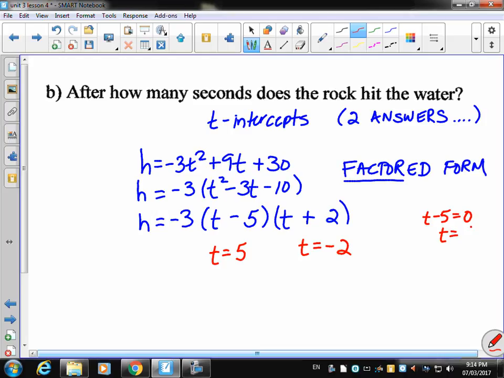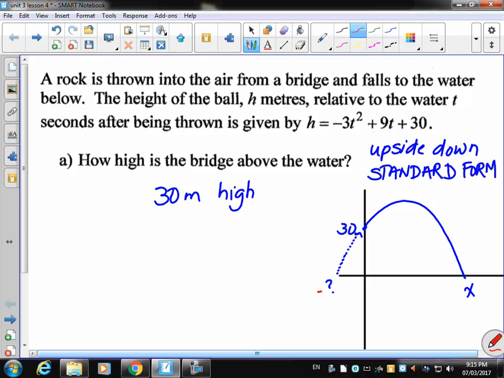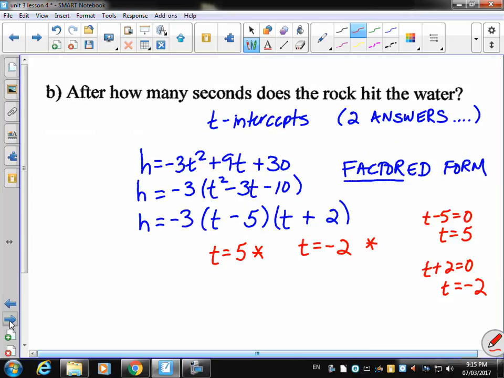I would get a value of t equals 5. Or for the other bracket, t plus 2 equals 0, I would subtract 2 from both sides, and those are my 2 t-intercepts. That tells me on my graph I have a t-intercept of negative 2 and a t-intercept of 5. The negative 2 doesn't make any sense.